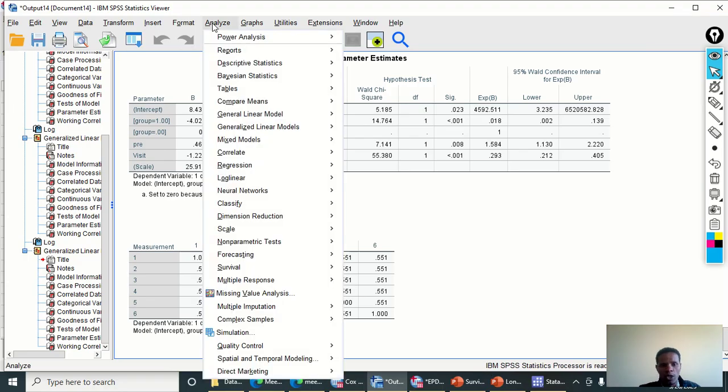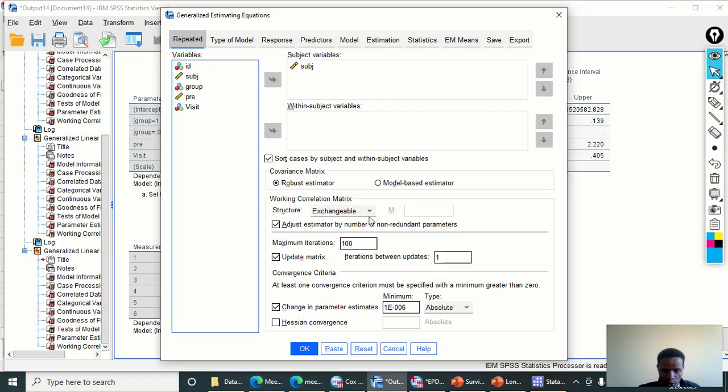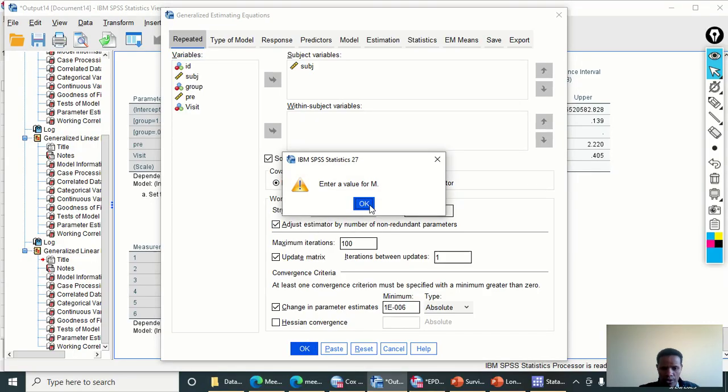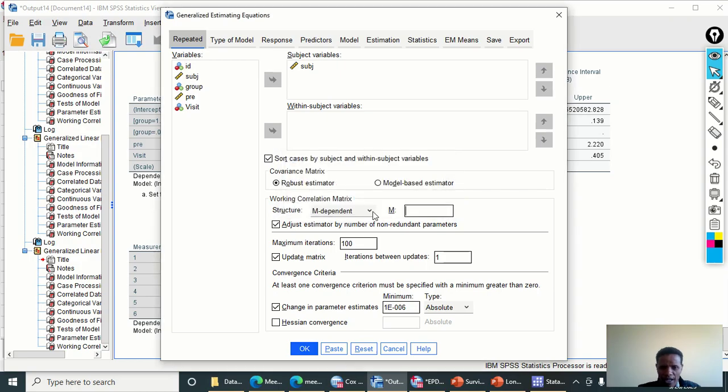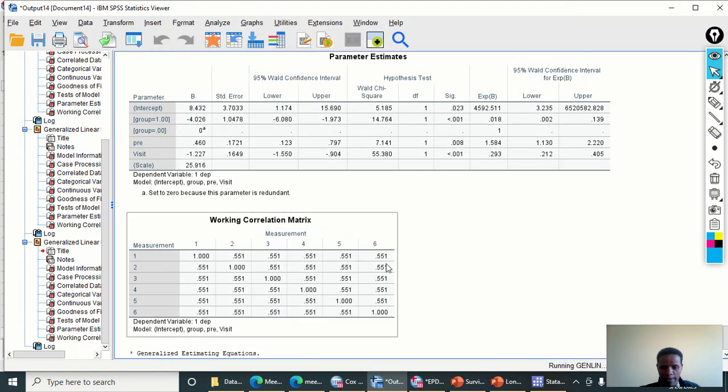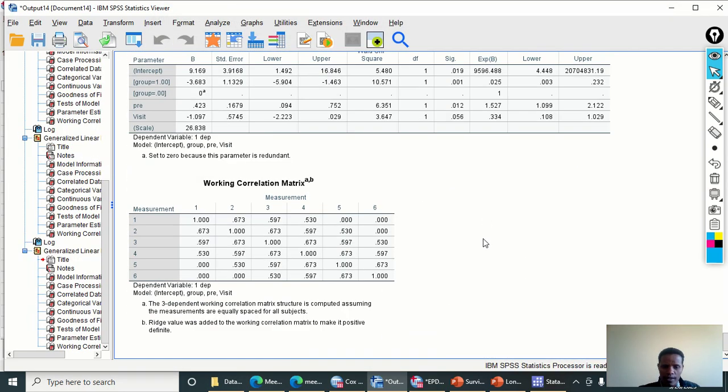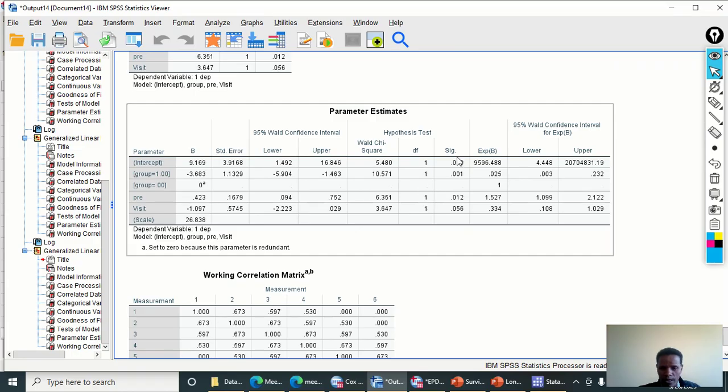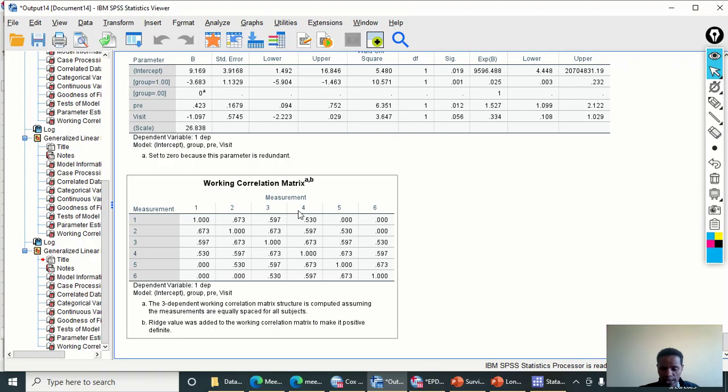Going back to Analyze, Generalized Linear Models, GEE, we can also choose M-dependent. After choosing M-dependent, I need to specify the value of M, either 2 or 3. Let me put 3, for example, and then click OK. Now the p-values are over here, and you can see the working correlation structure.